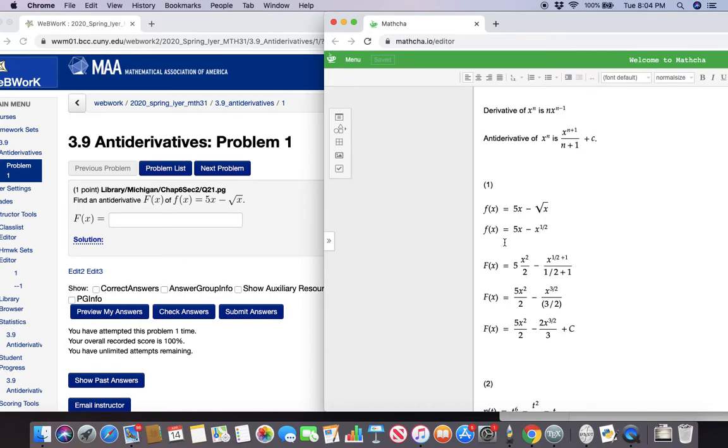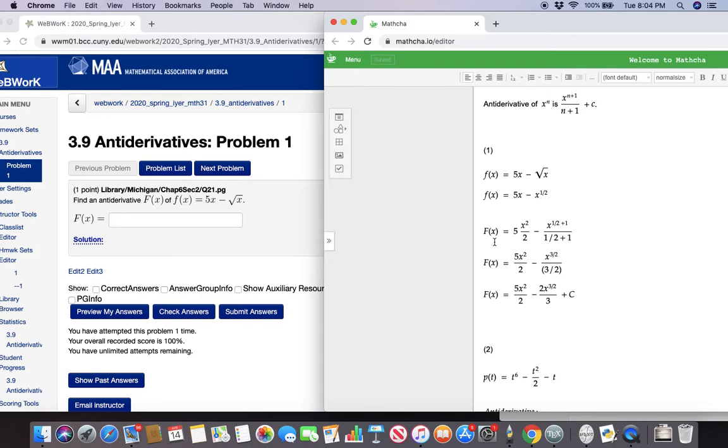Now our question is 5x minus square root x. That's your function. Rewrite it as 5x minus x to the power half. Now when I take the antiderivative, my little f of x changes to capital F of x.